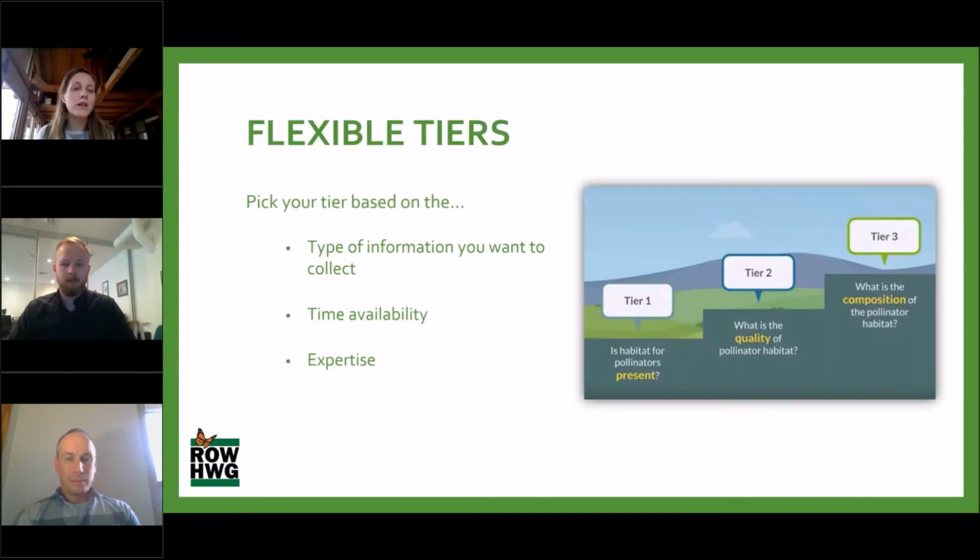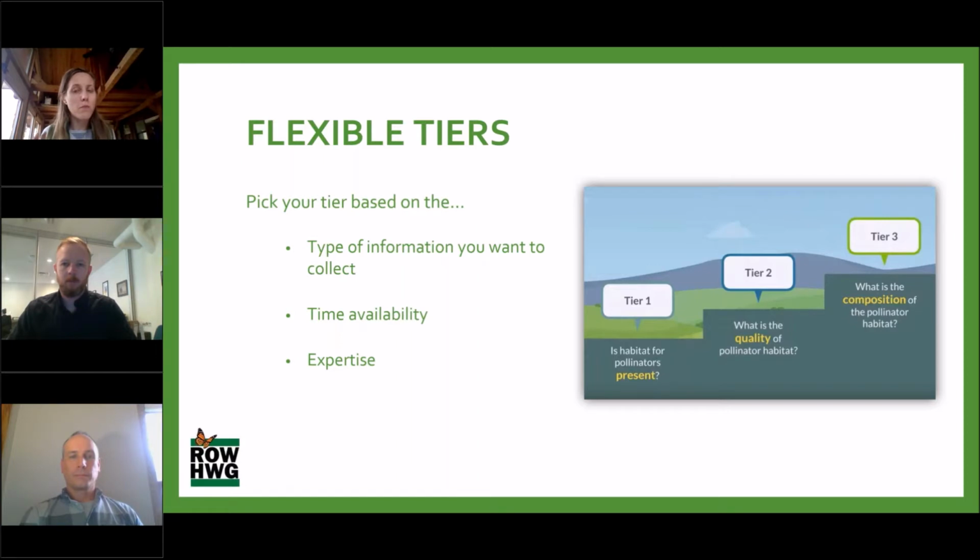So as I mentioned earlier, what was really important for us is that we have flexibility and multiple functionality in the scorecard to accommodate, again, different types of users and different purposes that they might have. So we have 3 tiers to the scorecard. Tier 1 is the most basic assessment, really just serves as an indication of whether pollinator habitat might be present on your site.